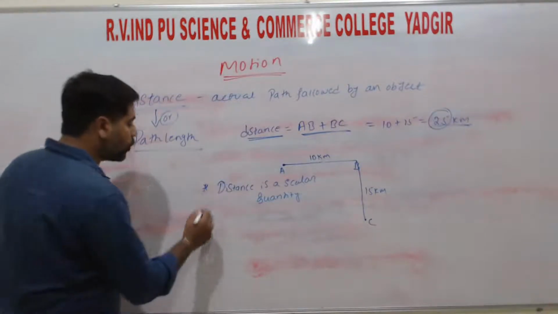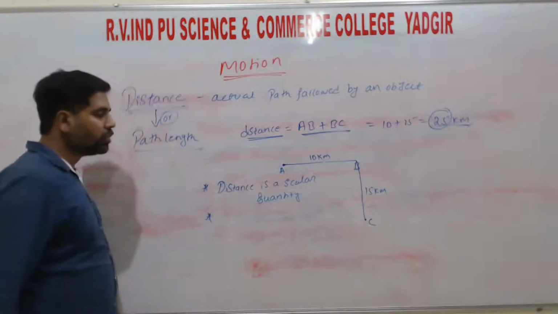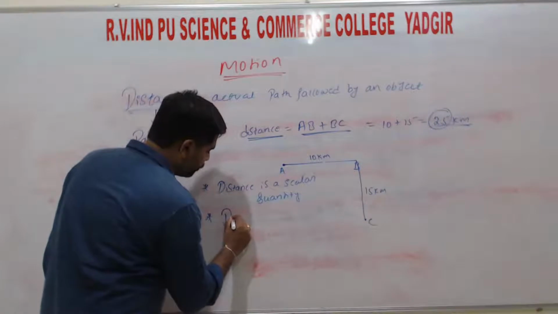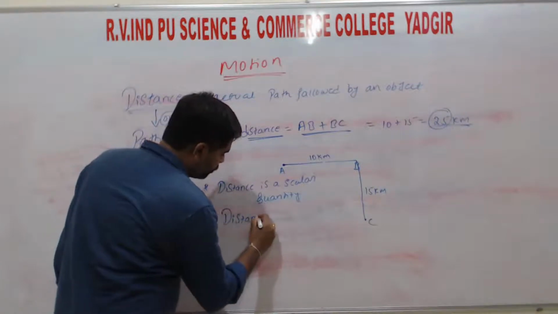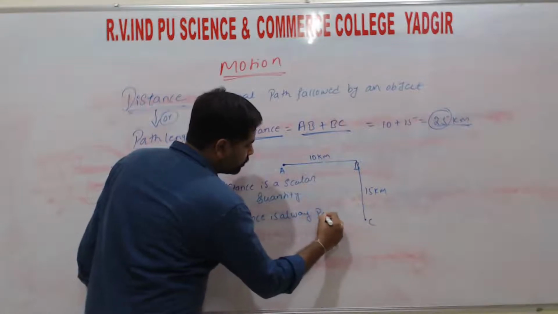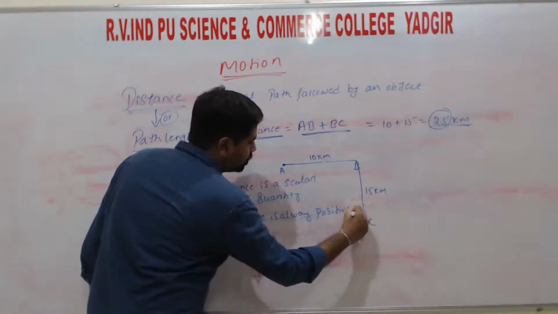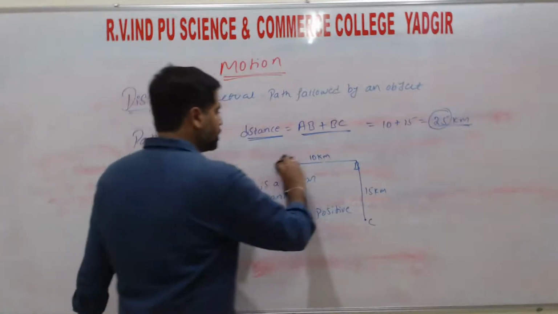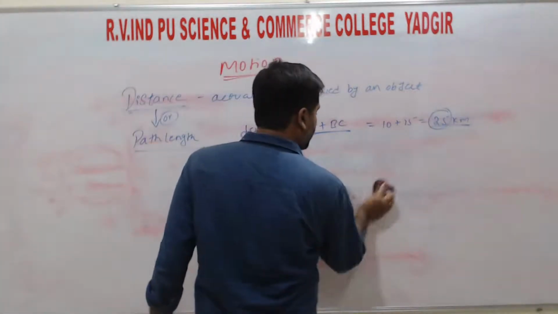Next, the second point is, distance is always positive, right? For this, let us consider the coordinate axis, right?